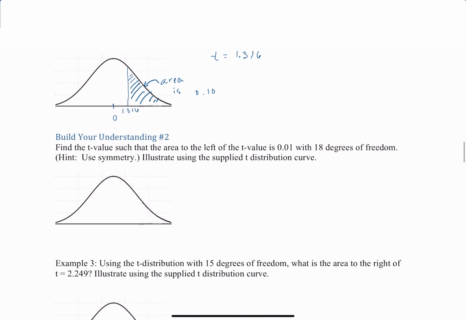So what the table told us is that the t-value is 2.552. Now that's the t-value that has area 0.01 to the right of it.